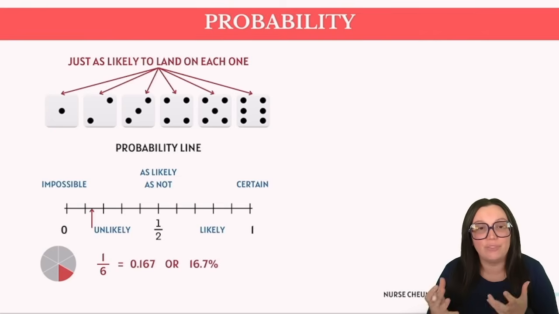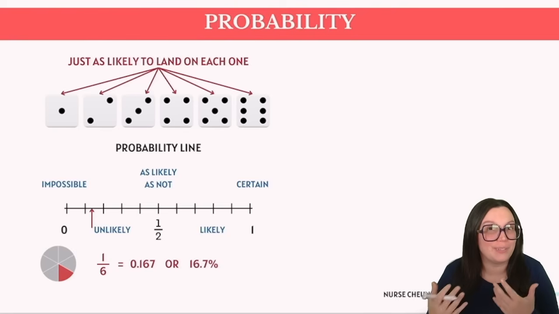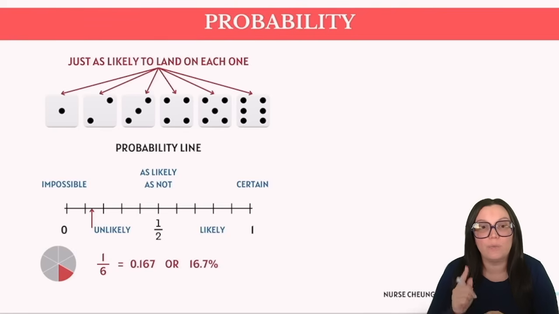The certainty of landing on one of the 6 faces is represented by a probability of 1 or 100%. However, since only one face can be on top after a roll, the probability must be distributed equally among all 6 outcomes. So we divide that by 6.